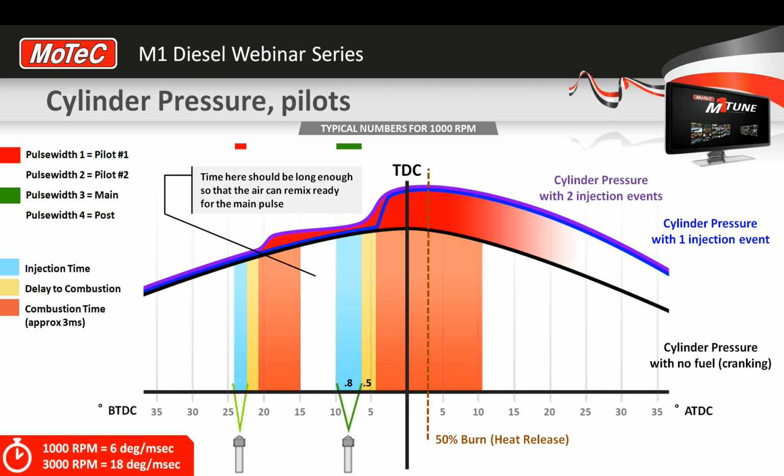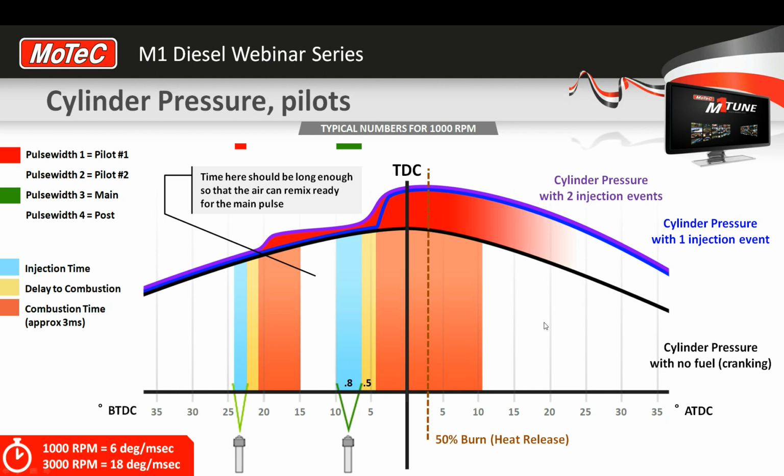So if the ECU looks through all the limiting tables and the pedal request and comes up with a fuel delivery of, say, 50 milligrams of fuel, that has the possibility of being divided out amongst the first three pulses. The fourth pulse, the post pulse, has its own individual calibration.